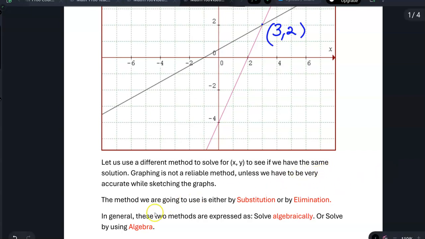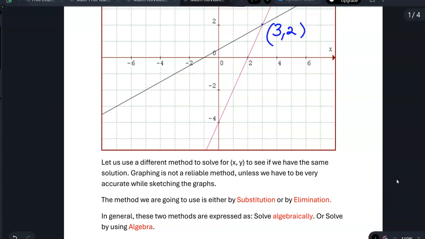The methods we are going to use for this particular lesson are either substitution or elimination. In general, this is called using algebra. These two methods are expressed as solve algebraically or solve using algebra.